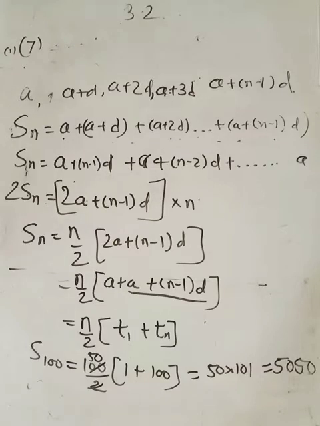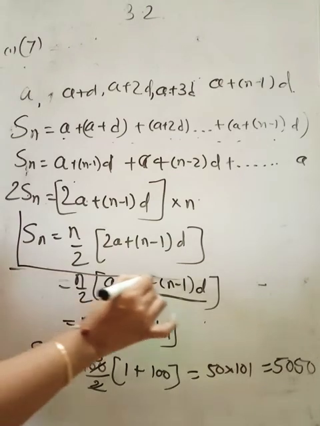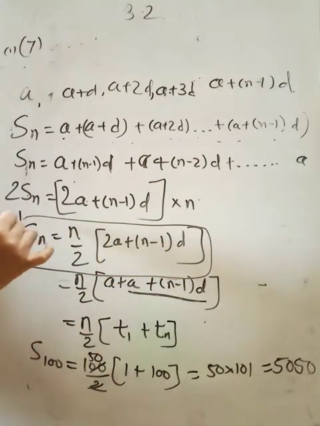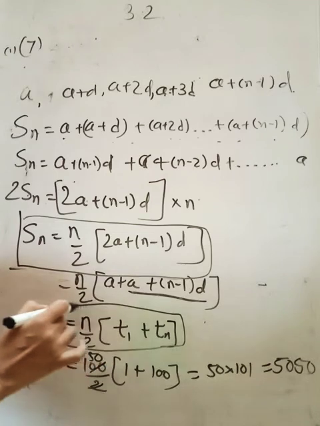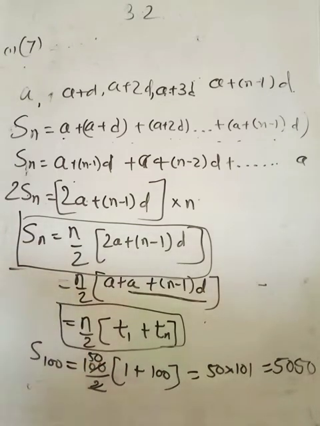So children, in a way we got two formulae. First is this formula: Sn is equal to n upon 2 in the bracket 2a plus n minus 1 into d, and another formula is n upon 2 in the bracket T1 plus Tn, first term plus last term.